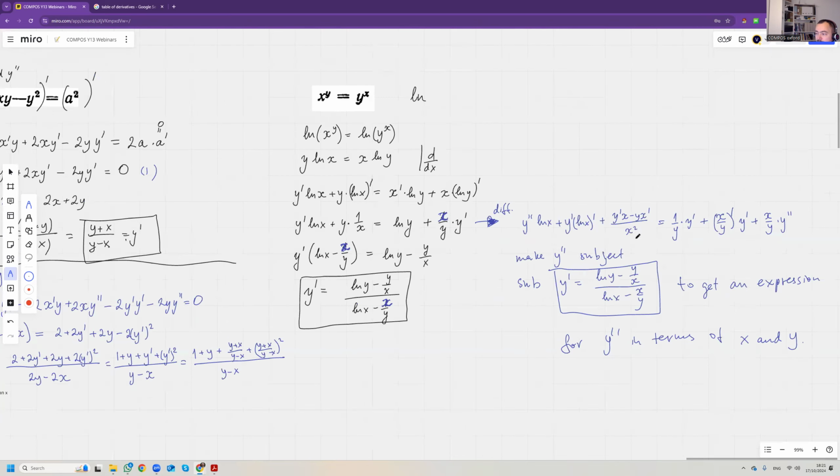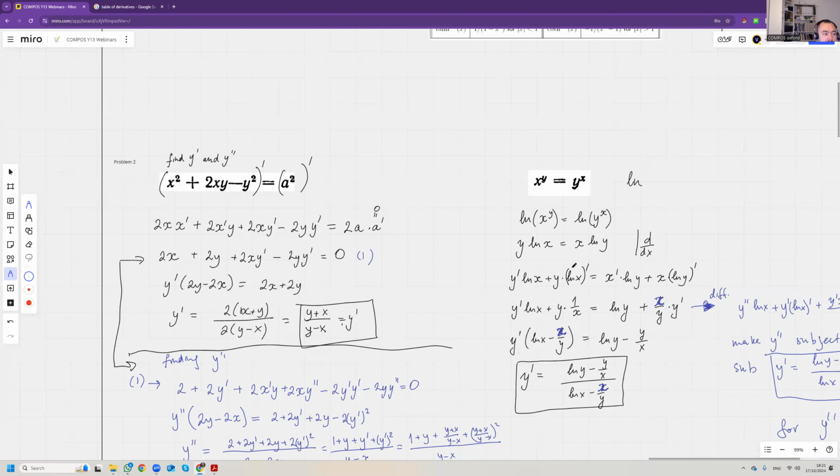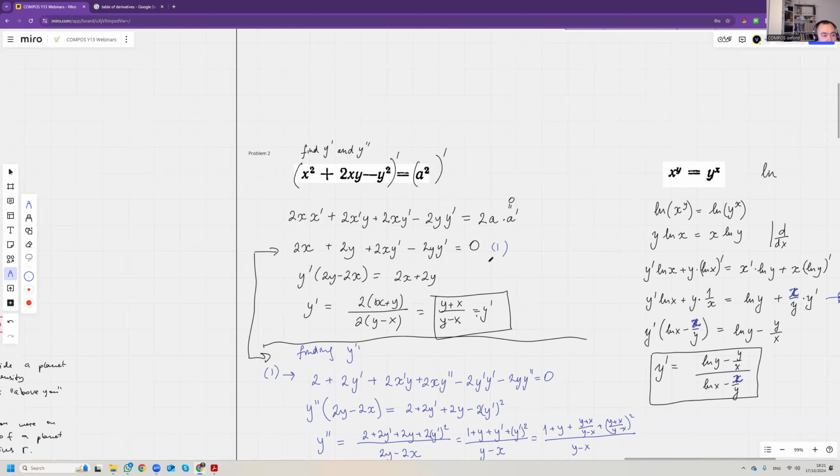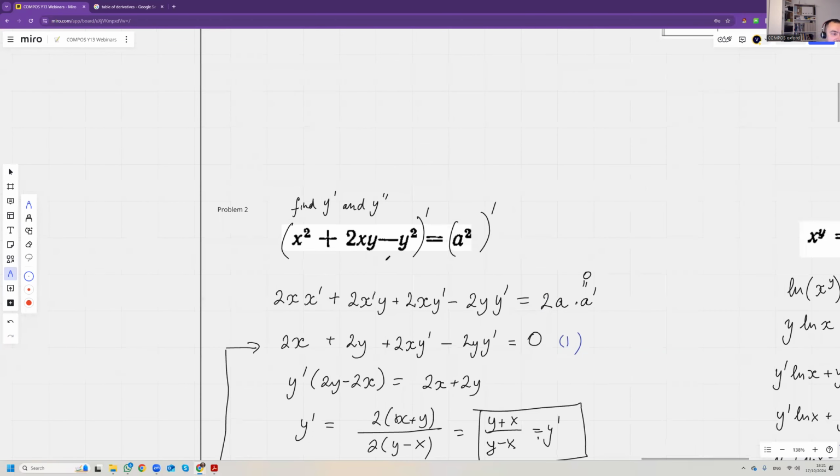Does the derivative not exist as y equals x? Well, let's see what happens if x equals y. We have x squared plus 2x squared minus x squared equals a squared.